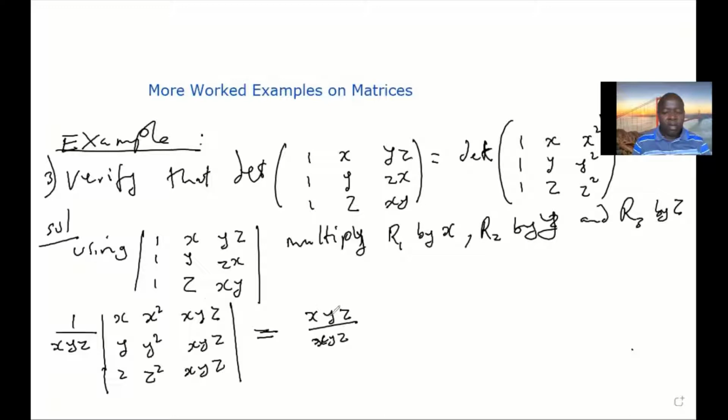So this is the one I'm factoring out. When I do that, what I will have will be x, y, z, x squared, y squared, z squared, and this will be 1, 1, 1.